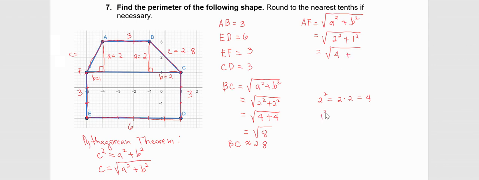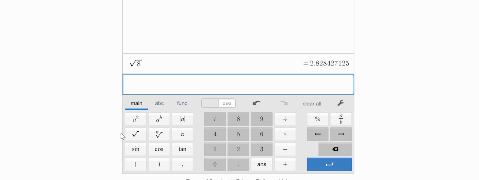Since 1 squared is equal to 1 times 1, which is 1, then 1 squared should be equal to 1. So the length of line segment AF is equal to the square root of 5. Therefore, the length of line segment AF is approximately equal to 2.2.